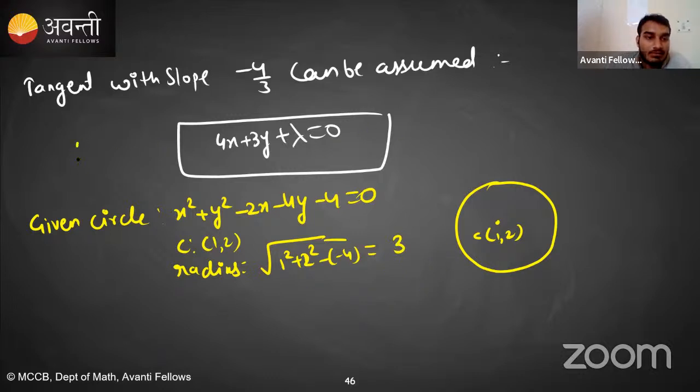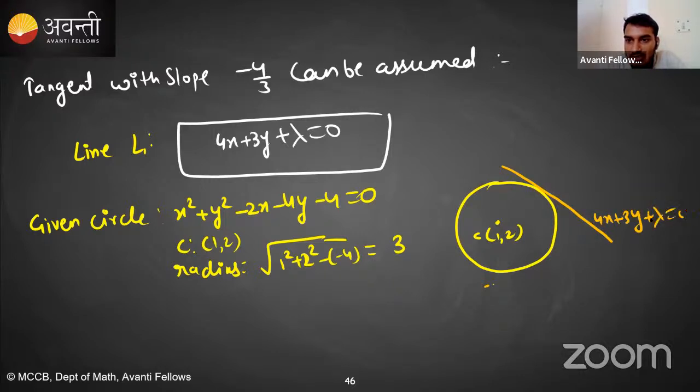Let's say this is line L1. Right? So if the line L1 is to be the tangent on the circle, let's say this is the line 4x plus 3y plus lambda equal to 0. This is to be the tangent to the circle, right?